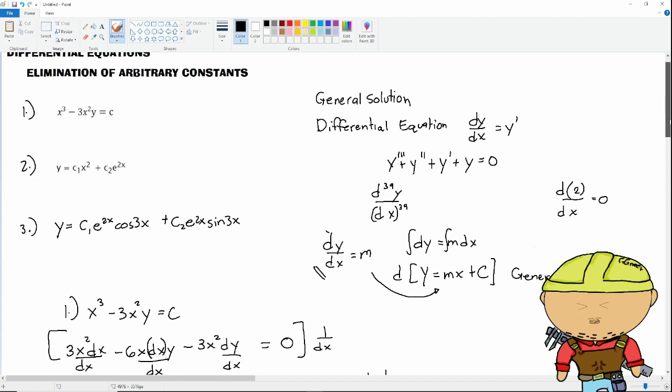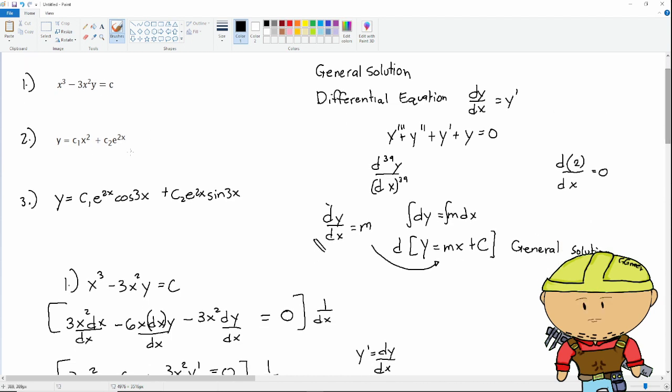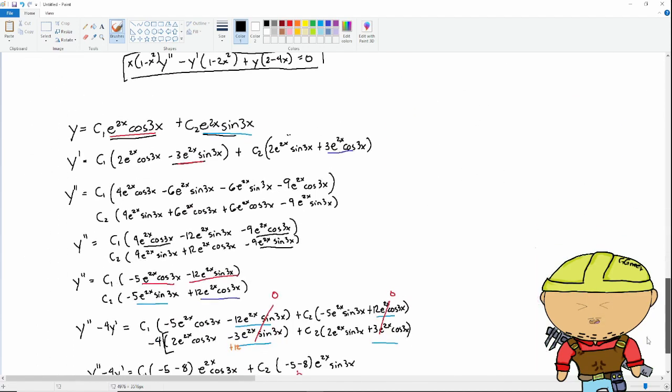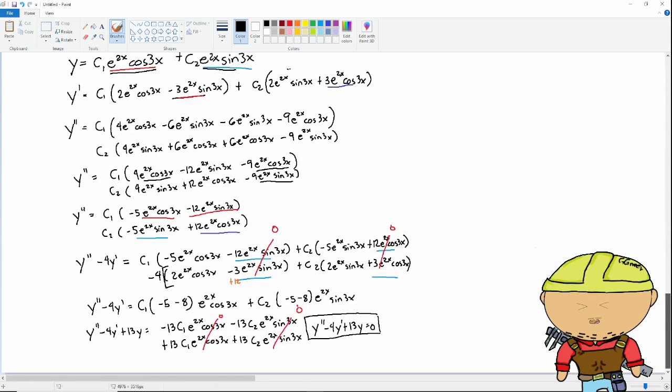Once we have our general solution, we eliminate the arbitrary constants by differentiating as many times as the number of arbitrary constants you have. If you have 2 arbitrary constants, you differentiate twice. If there are 3, you differentiate thrice. And you can use the elimination method or the substitution method.